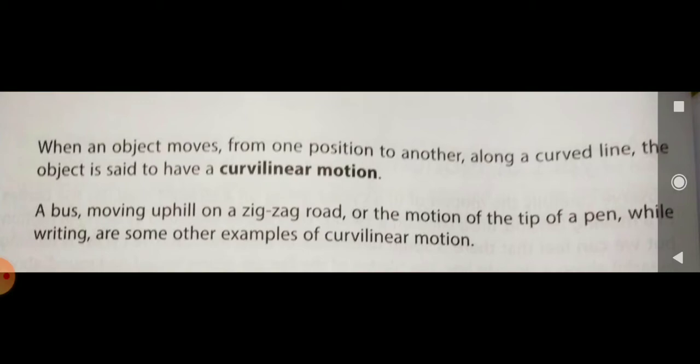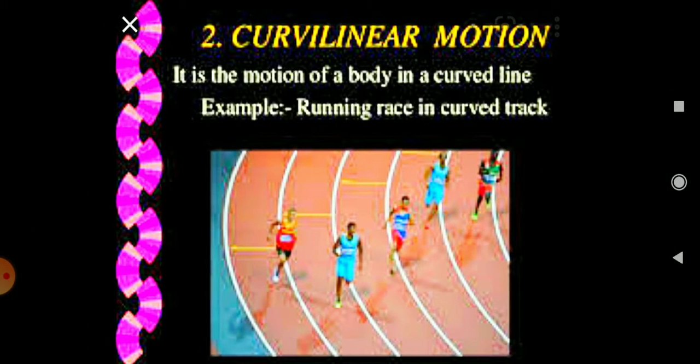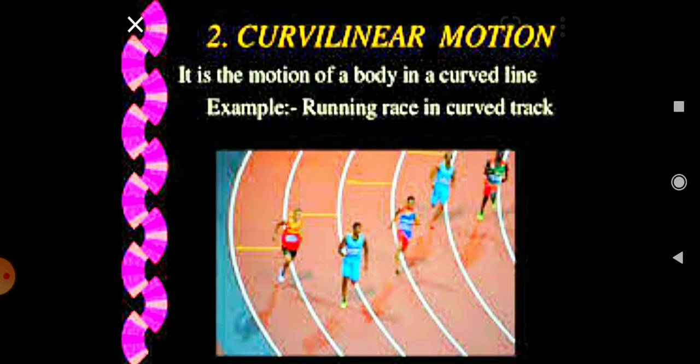Other examples can be a bus moving uphill on a zigzag road, or the motion of the tip of a pen. Here you can see that these players are running a race on a curved track, so they are following a curved path, so we will say that these are all in curvilinear motion.